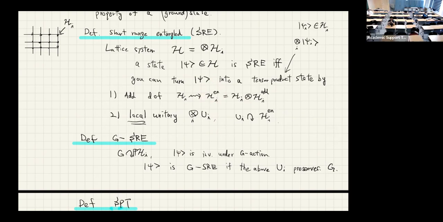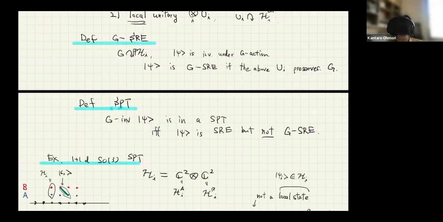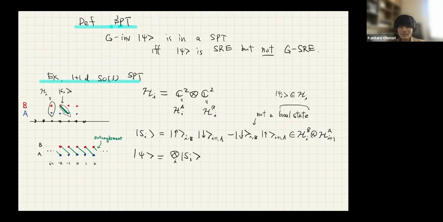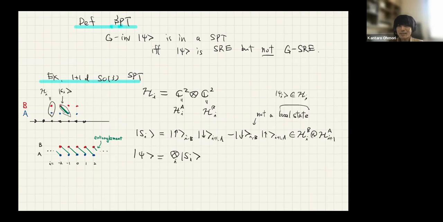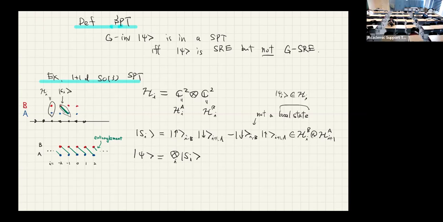But here in this example, this is the precise definition. I want to show that there is a precise definition. But here, more intuitively, I'm not going to prove that this is short range entangled according to the definition.